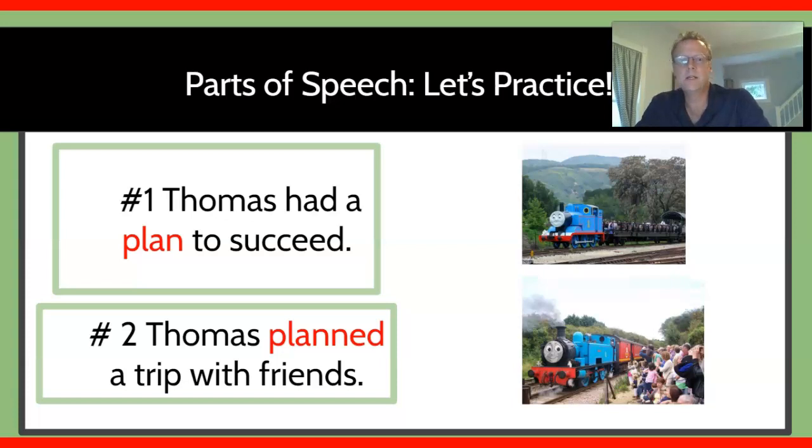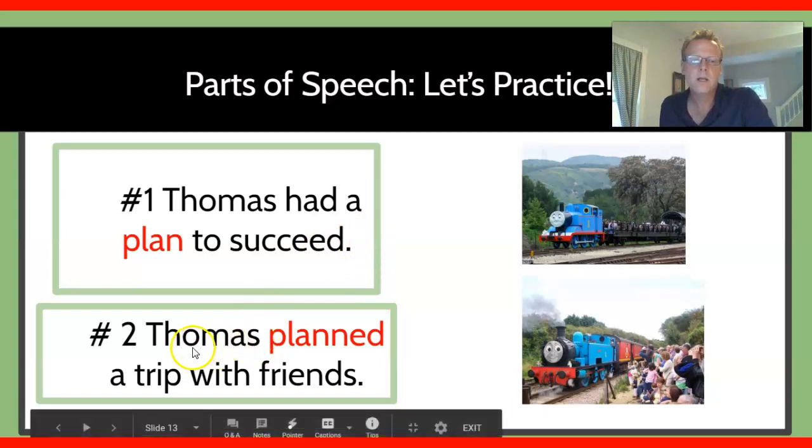That tells me it's an object or a noun. Also notice A. A is an article, it's an adjective, and it defines a singular noun. So those things all lead me to the answer that plan in sentence number 1 is a noun.